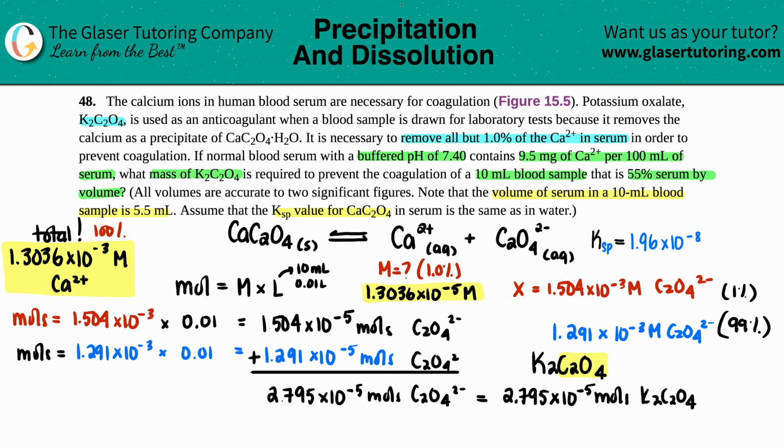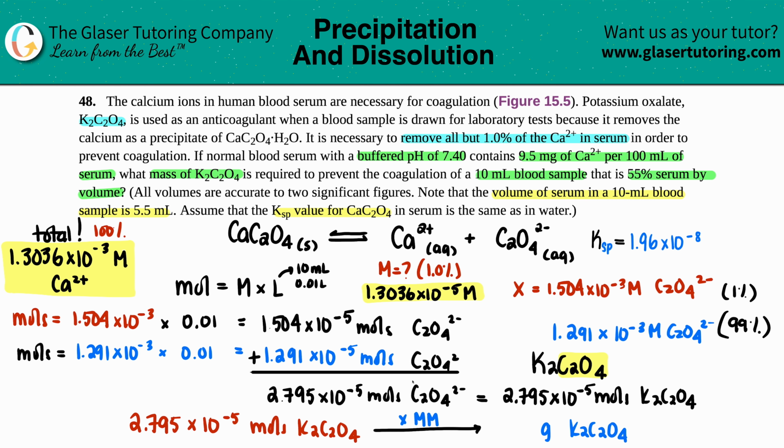But we could do the quick version, right? 2.795 times 10 to the negative fifth moles of K2C2O4. Remember, if we just want to go to grams of K2C2O4, all we have to do is just times by the molar mass.